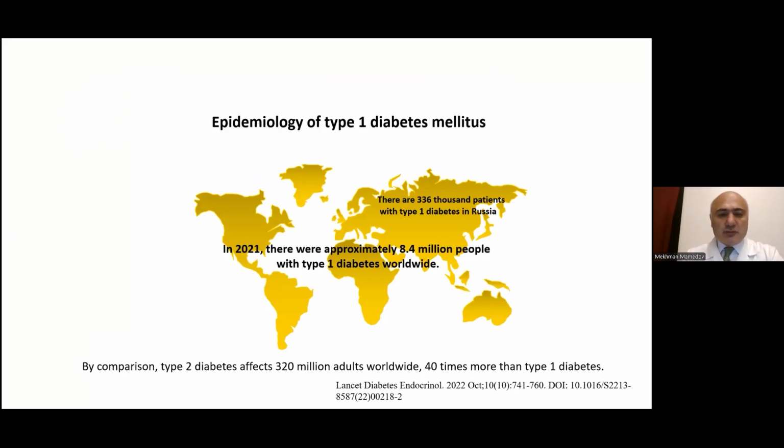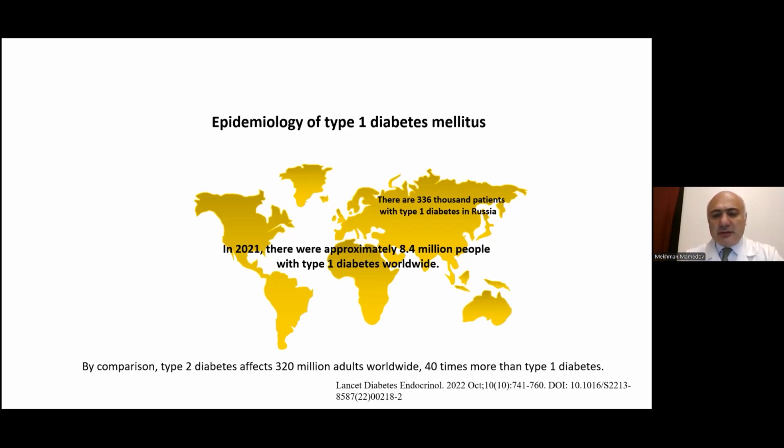Also, I would like to present some slides about the prevalence of type 1 diabetes mellitus worldwide. In 2021, there were about 8.4 million people with type 1 diabetes worldwide.